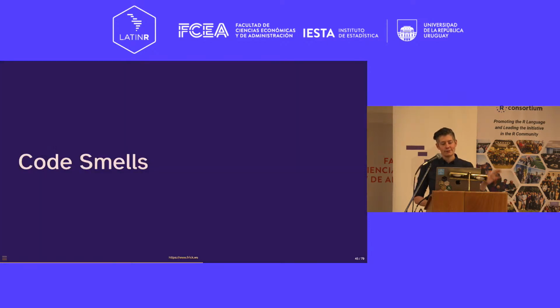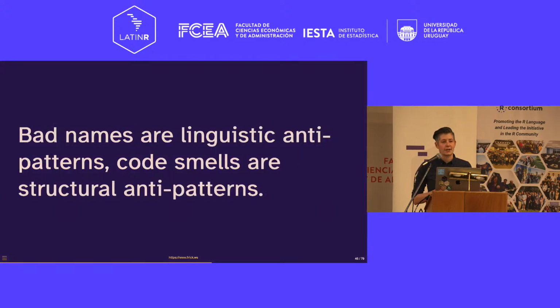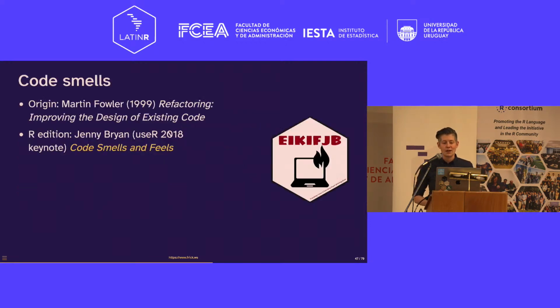So much on names. The other thing I'm bringing to the table is a thing called code smells. And bad names are basically linguistic anti-patterns, things you don't want to do. And the code smells are structural anti-patterns, ways you lay out your code that don't quite work well for you. So the name originates in a book by Martin Fowler, Refactoring: Improving the Design of Existing Code.